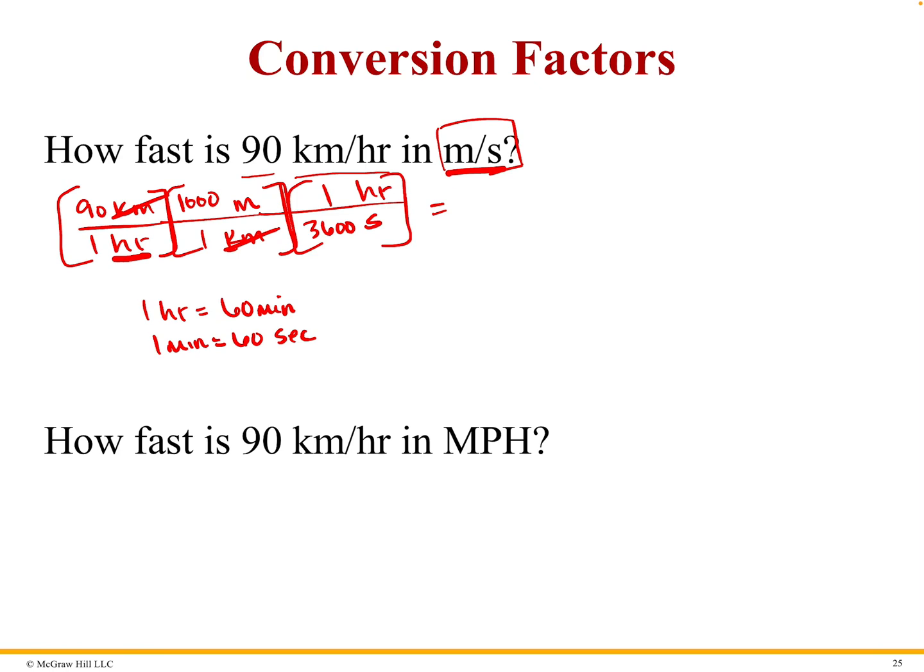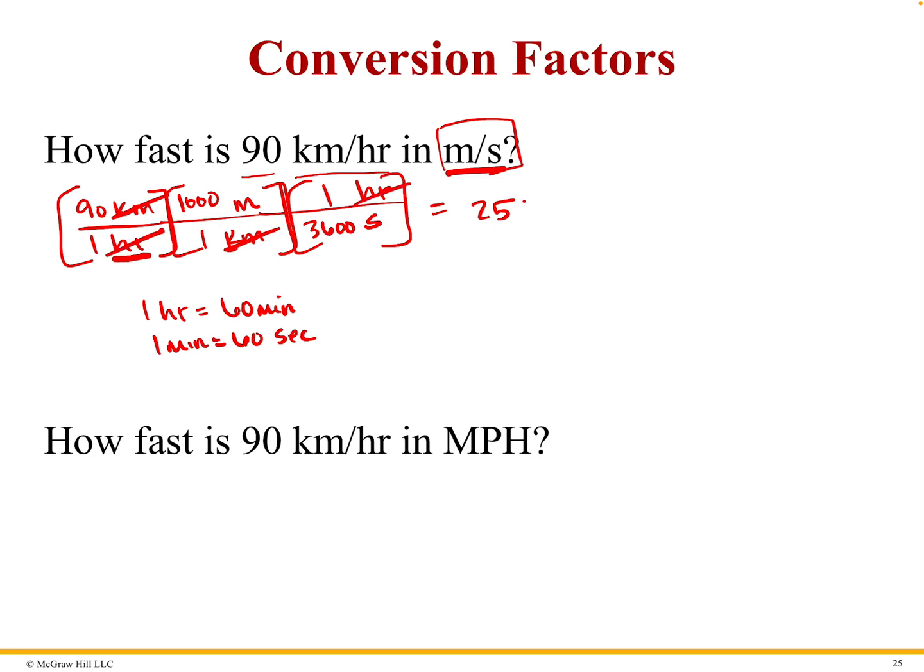Does that change it? No. Whenever there's a 1, you really don't have to do that on the calculator, but some people like to. Then you go to the next bracket. If it's on the top, you multiply. If it's on the bottom, you divide. So multiply by 1,000, divide by 1, multiply by 1, divide by 3,600. So you get 25.